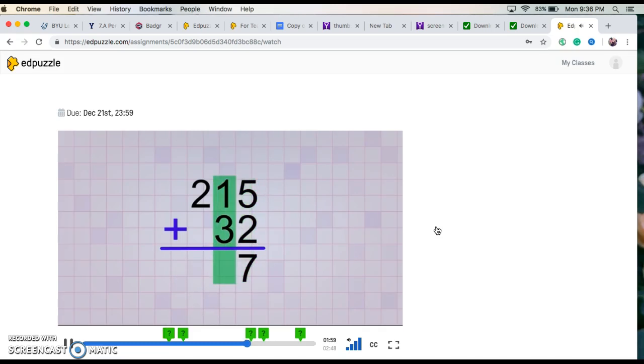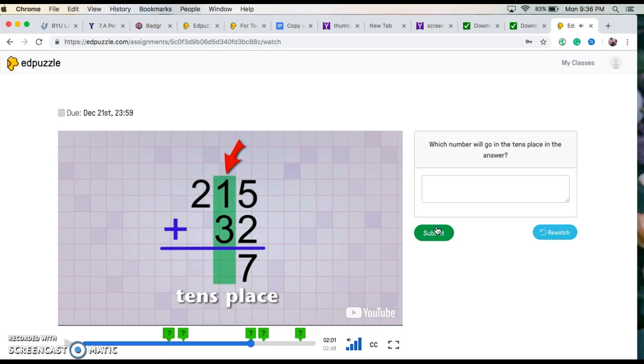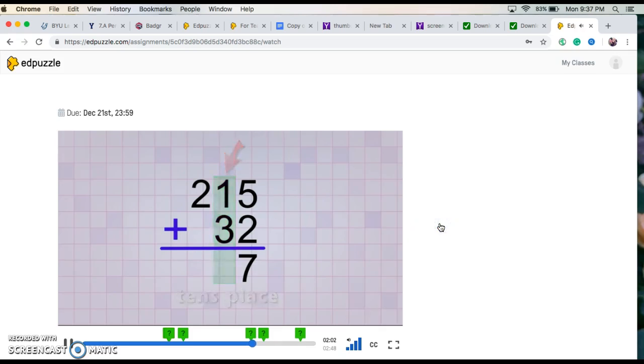Now we can move left to the next number place column, which is the tens place. The digits there are a 1 plus a 3, and that gives us a 4 in the tens place of our answer.